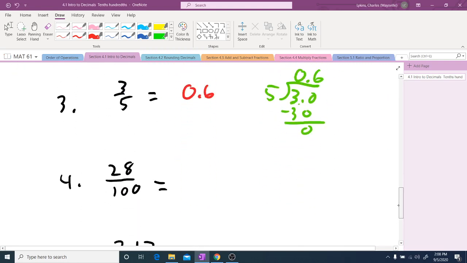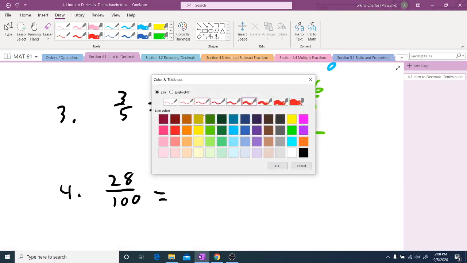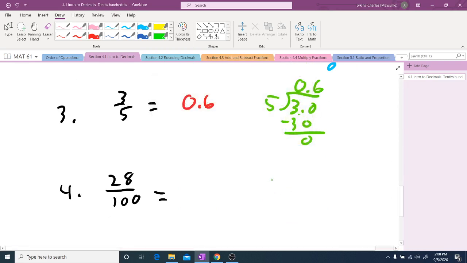Okay, now 28 over 100. Well, we can say, okay, 100 goes into 28. We already know that 0 times. So now we put a point and put a 0. So 100 goes into 280 2 times. That gives you 200. Subtract it, 80. So I need to add another 0 and carry it down. So now 100 goes into 800.